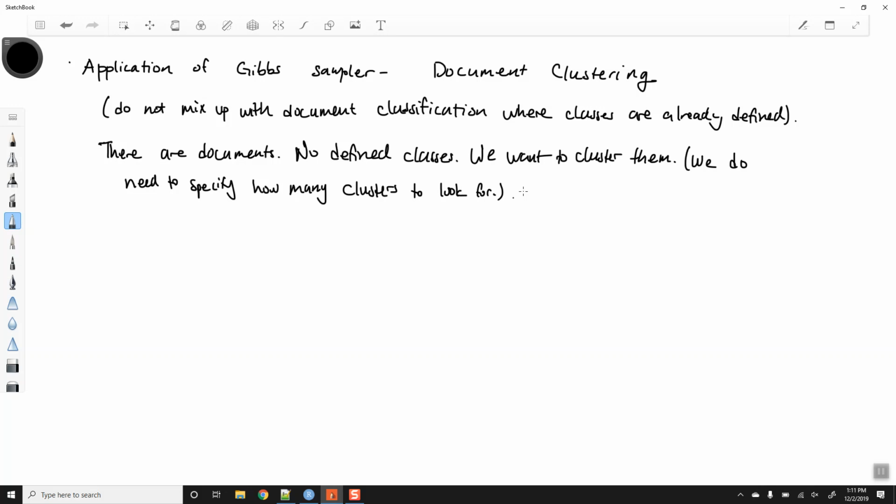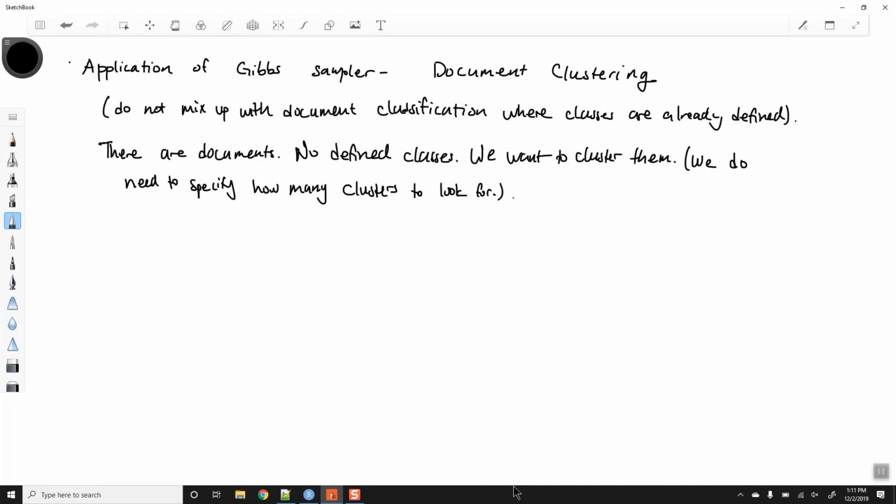Perhaps we're going to split the documents into two clusters. We don't even know how these clusters should be defined, but we're going to read through and say, okay, these ones feel like they should go in this cluster, and these ones will go into this cluster.